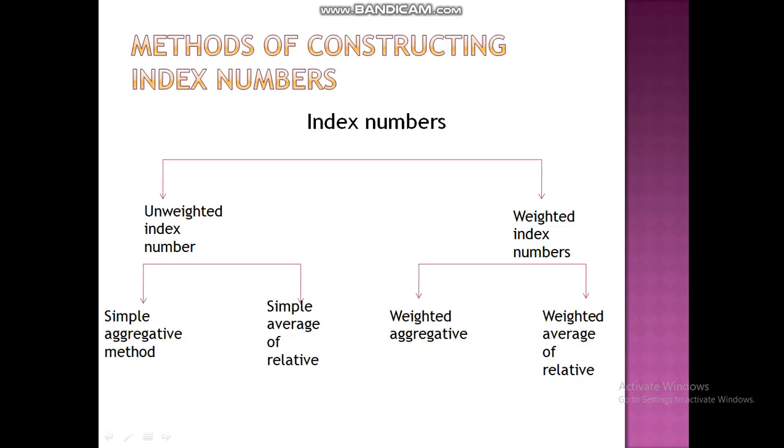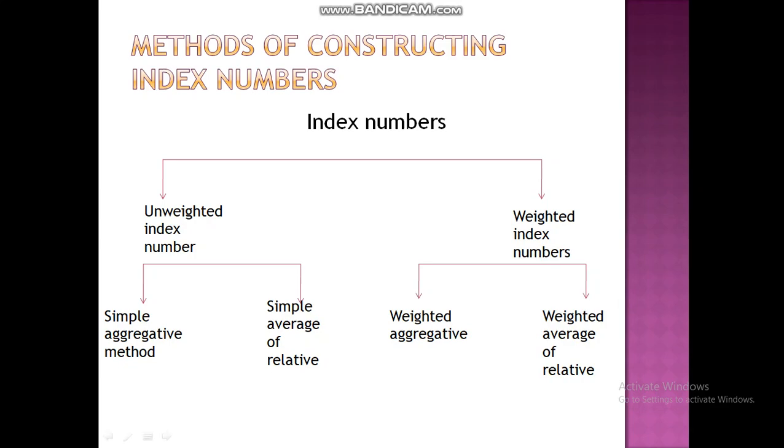These two we shall see in the future classes. The simple aggregative method is actually a very simple method. Here the aggregate of the prices of the current year is expressed as the percentage of prices in the base year. So it's a very simple one. I will show you the calculation of how to construct this.